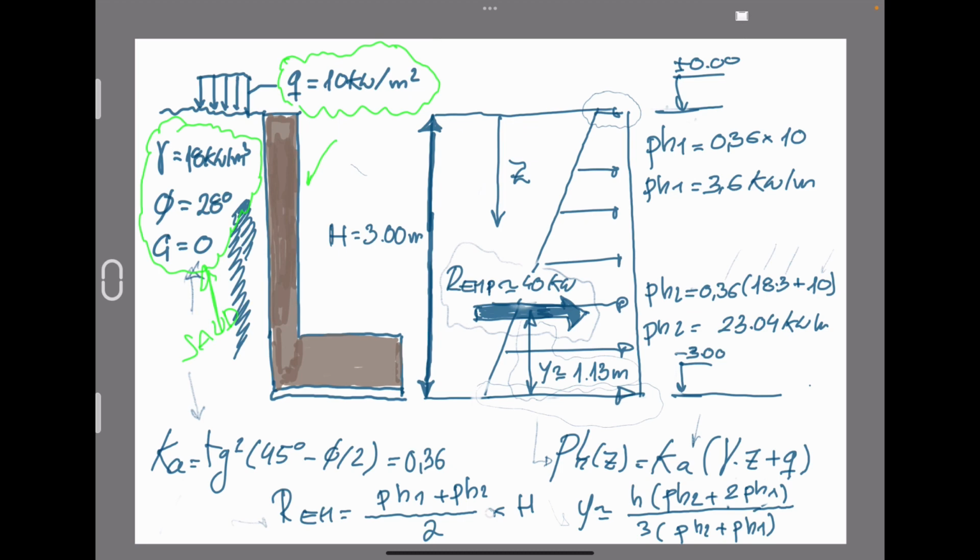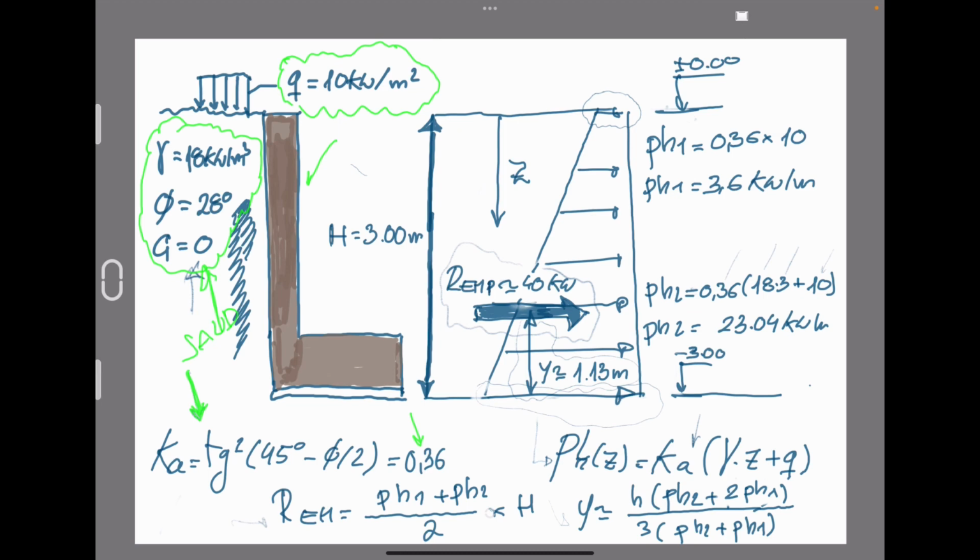The first thing we have to do is to calculate the active earth pressure coefficient using the Rankine values in accordance with the friction angle. The value is equal to 0.36.